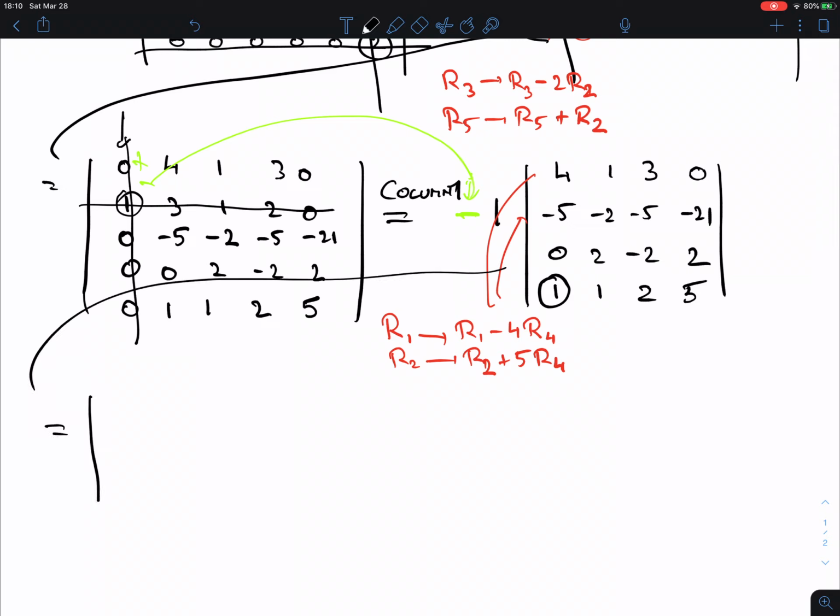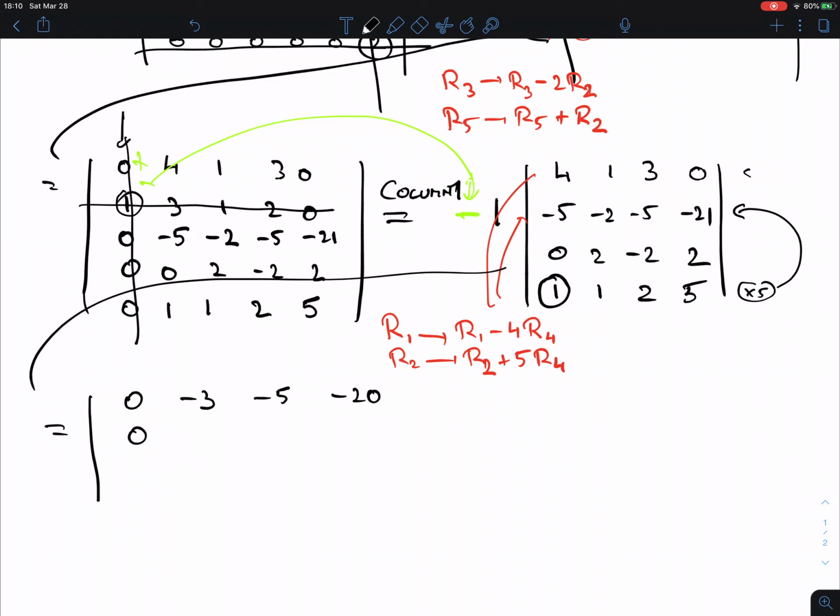Okay, so what happens? The top row, going back here, we're going to multiply this by negative 4, right? And then add it there. So we will have 0, negative 3, negative 4 plus 3 is negative 5, negative 20 plus 0. And then the next one, I want to multiply this by 5 and then add it to this row.